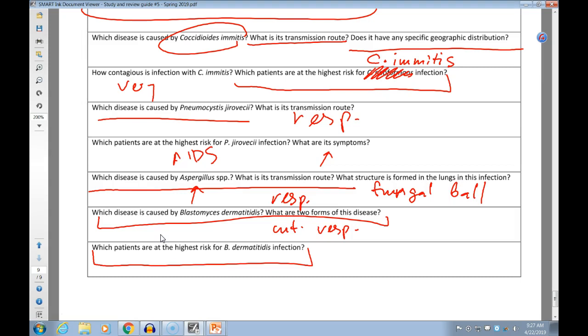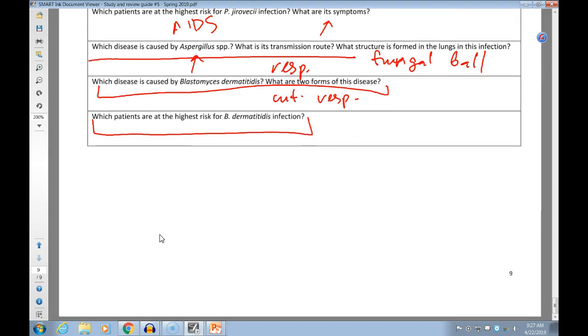Before we finish, I want to say a couple more words. There will be fairly straightforward questions: which of the following eight bacteria or fungi causes this? Am I clear?